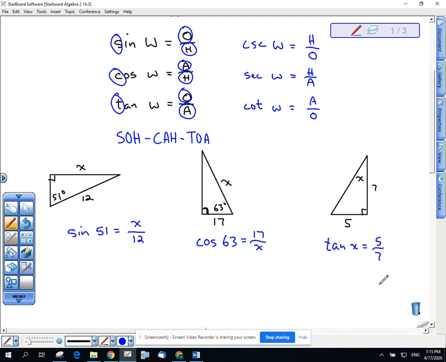That's 5 over 7. If you had me for geometry, I said trig function, angle measure equals fraction. Your work should always be in that exact form. Trig function, angle measure equals fraction. The trig function is either sine, cosine, or tangent. We always take the trig function of an angle measure. Here it's 51, here it's 63, here it's unknown.